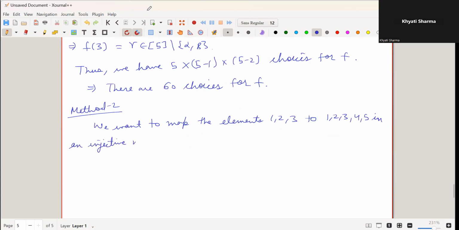So we want to map the elements of [3] to [5] in an injective manner.